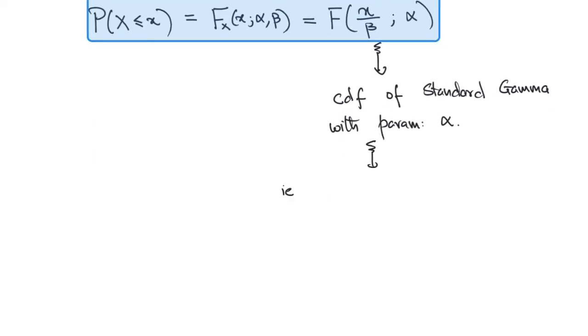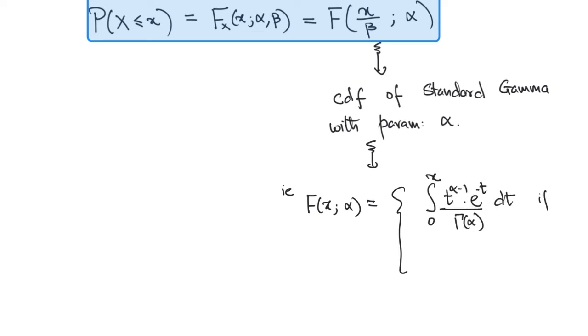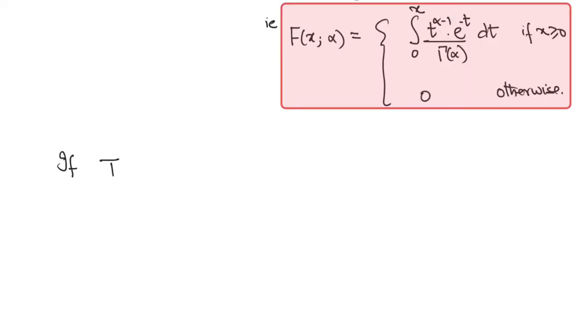So this calculation can be obtained by doing a simple change of variables, from going from the regular gamma distribution with parameters alpha, beta to the standard gamma distribution.